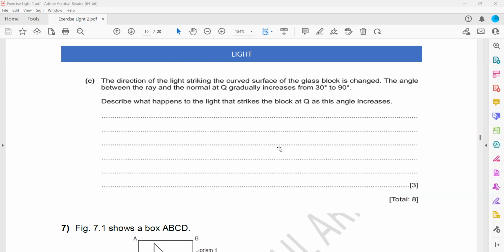The critical angle is there for any material. So first, as we are increasing the angle of incidence, the angle of refraction will increase.